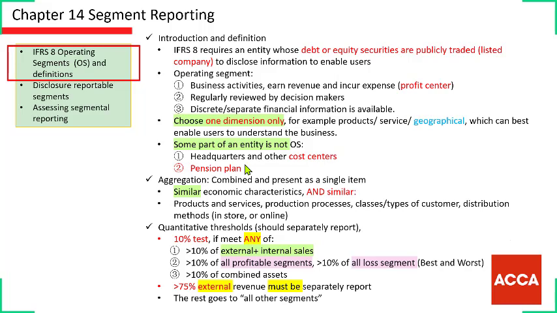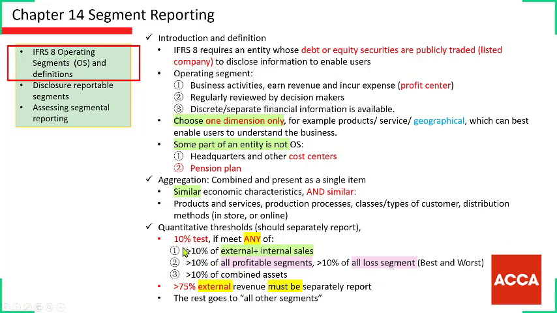That is why we should aggregate by product and service, or different process, or different groups of customers, or distribution channels. Here are thresholds to make sure it's not too detailed or too general.